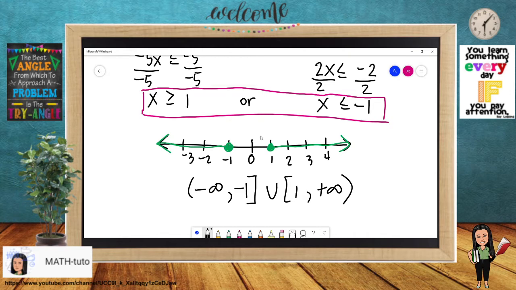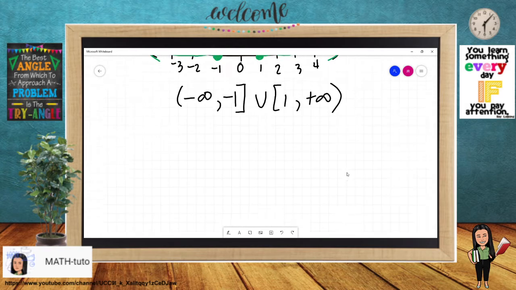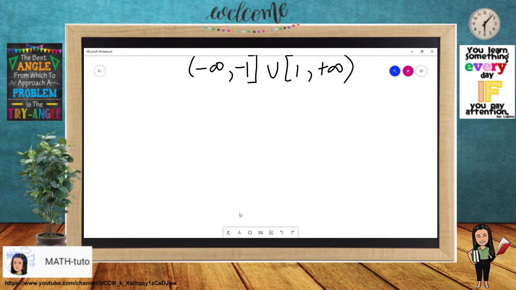Everything else will be a possible solution that would satisfy our inequality. Again, for a compound inequality joined by the word or, ibig sabihin, either of the two should be satisfied. Kaya, union, hindi intersection. So, union of the two inequalities.